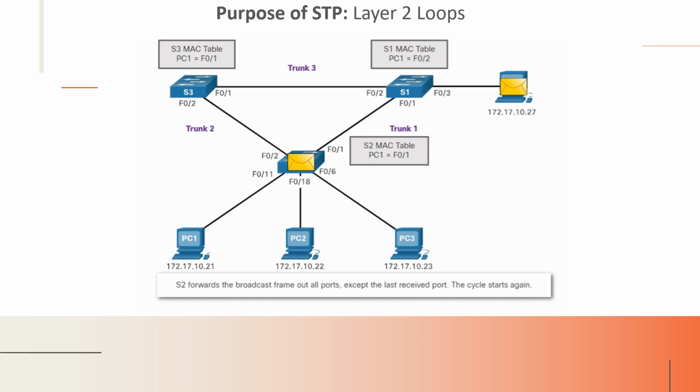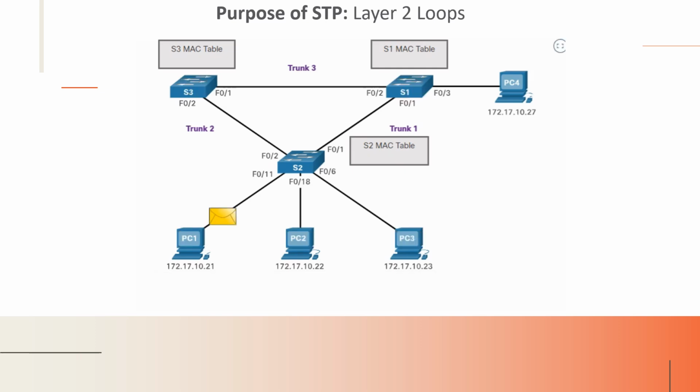So switch 2 now gets a frame from PC1 on a different port, and now it will update its MAC table. And it will forward the broadcast out of all ports except the last receiving port. And this is how the cycle starts again.